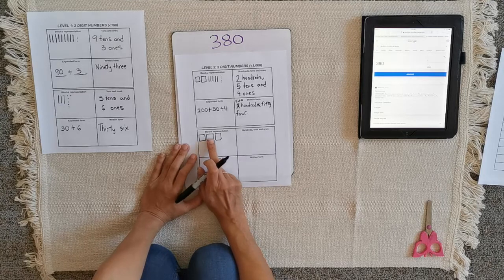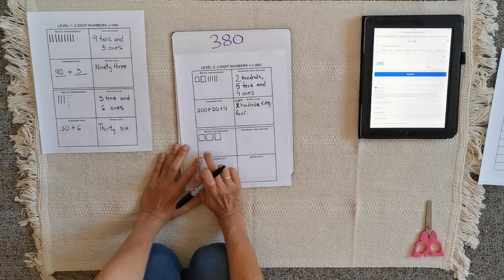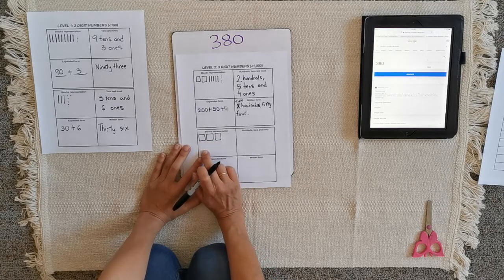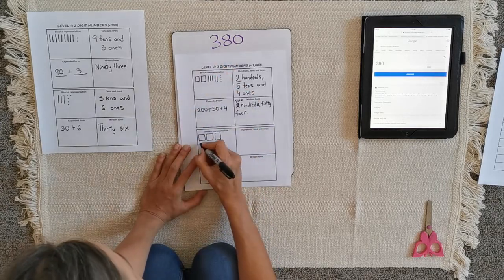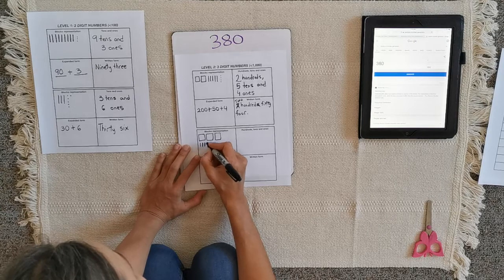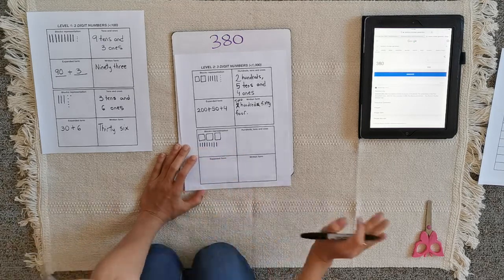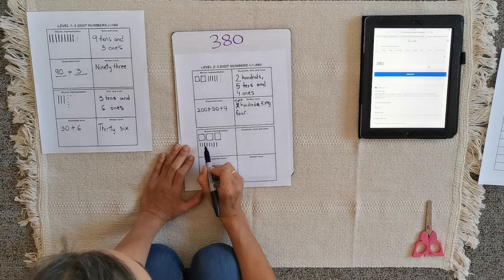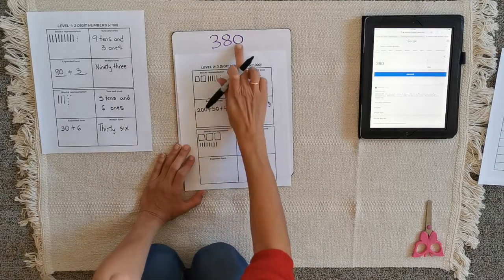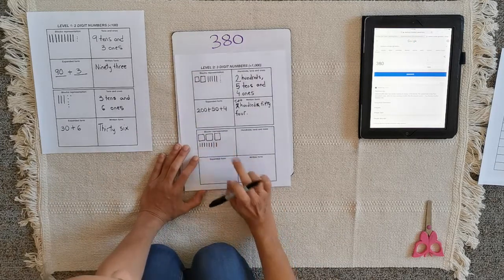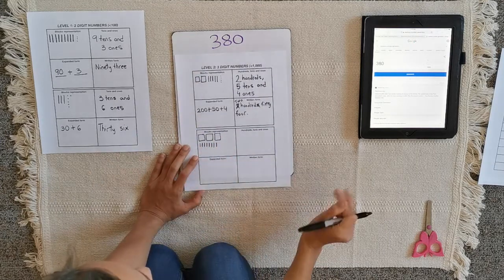And the same, please don't draw the 100 squares inside because, boof, it's kind of hard. And 80. 1, 2, 3, 4, 5, 6, 7, and 8 tens. 10, 20, 30, 40, 50, 60, 70, 80. That's all. And I have no ones to draw. Nothing to draw about the ones.